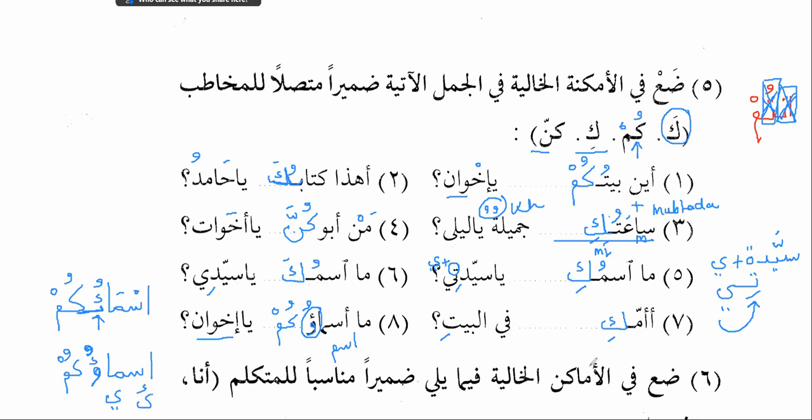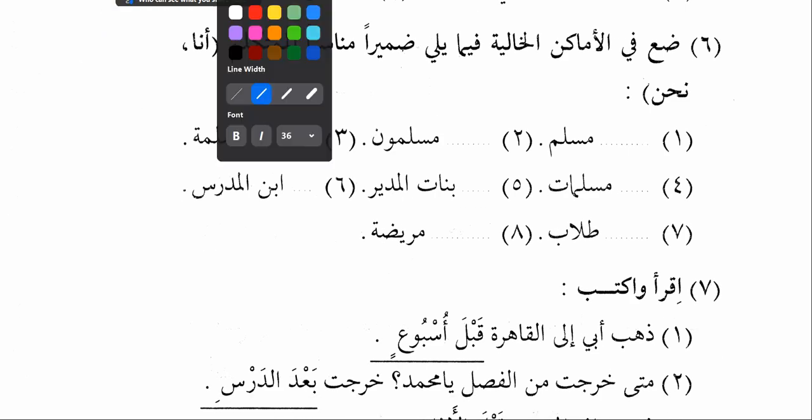So now we move on to question number 6. What is the question here? Let's see. Da means put, fil amakini al khaliya, in the blank spaces, a suitable pronoun for the first person.